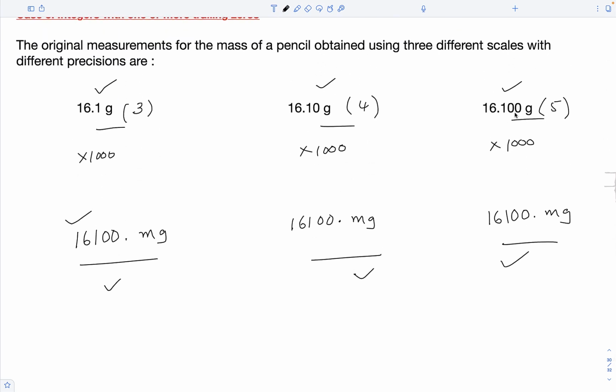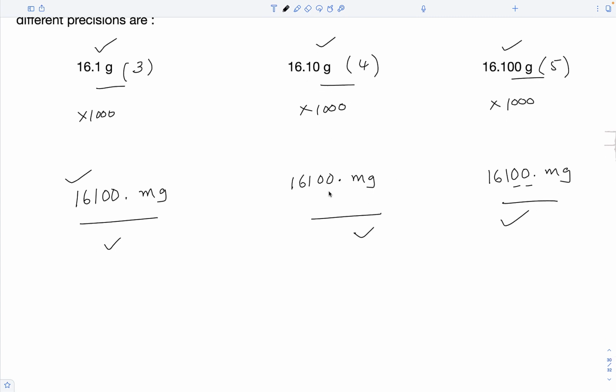See, in this case, these two trailing zeros came out of the measurement process. I did not add them for this conversion. Whereas in this case, one of the zeros came out of the measurement process and I added 1 zero during this conversion process so that I can place the decimal point in the right location.